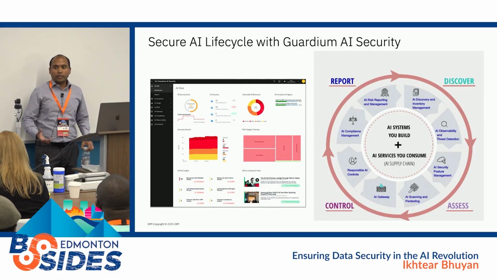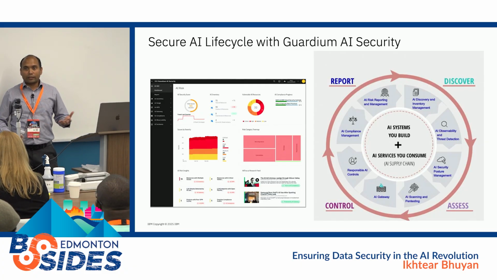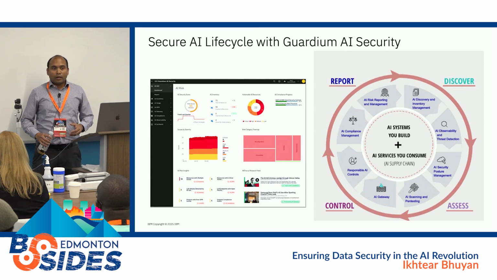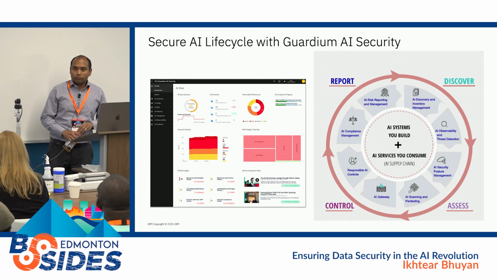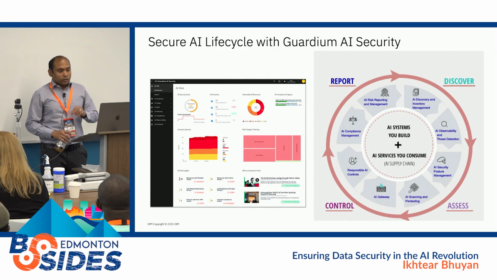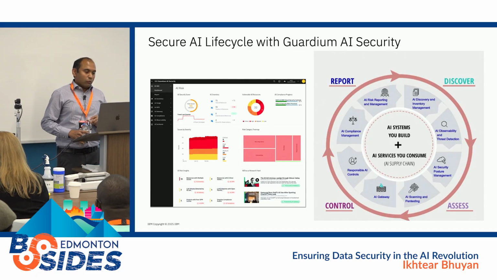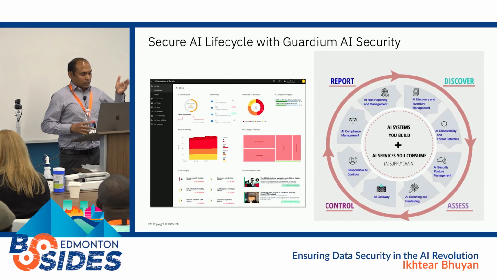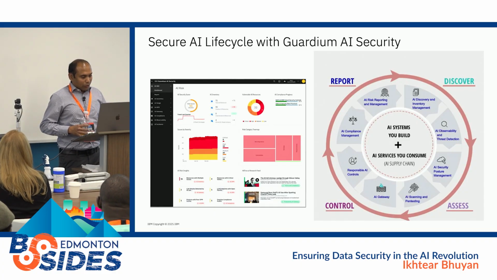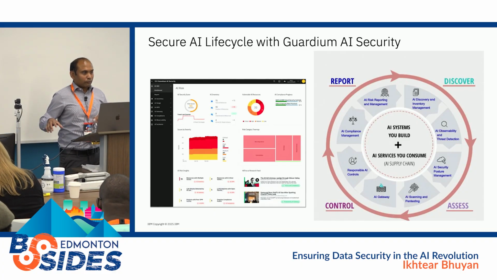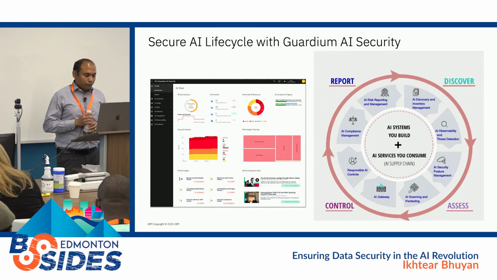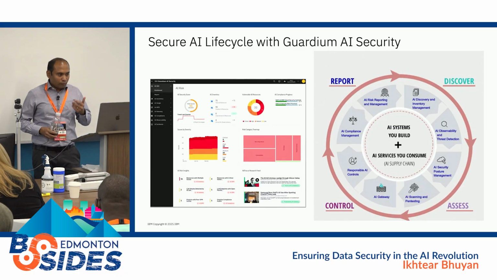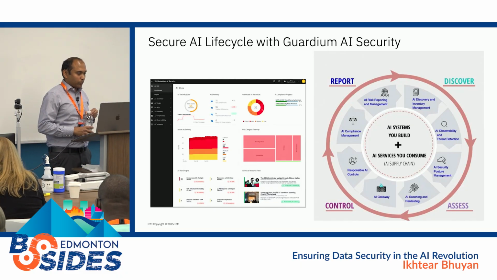But nowadays with AWS, Azure, GCP, the cloud adoption, I can deploy anywhere. So you need to discover your AI model wherever it is. Is it in your code repository, in your cloud deployment, on-prem, or any other places? That's number one. And that's what IBM Guardium AI Security product is doing.